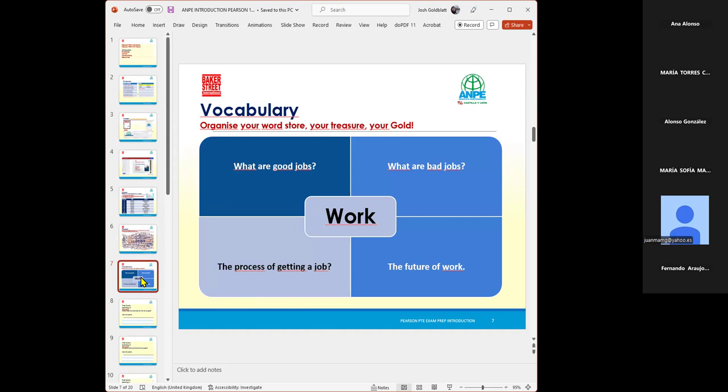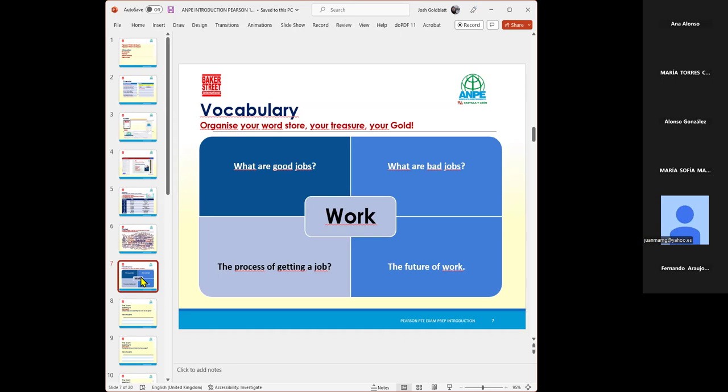But our vocabulary, listen, when you are learning new vocabulary and when you are practicing new vocabulary, it's important that your words are organized. So I propose that when you are studying different subjects, for example, work or sport or family or community or education, that you use a schematic, a mind map, to help you remember words.